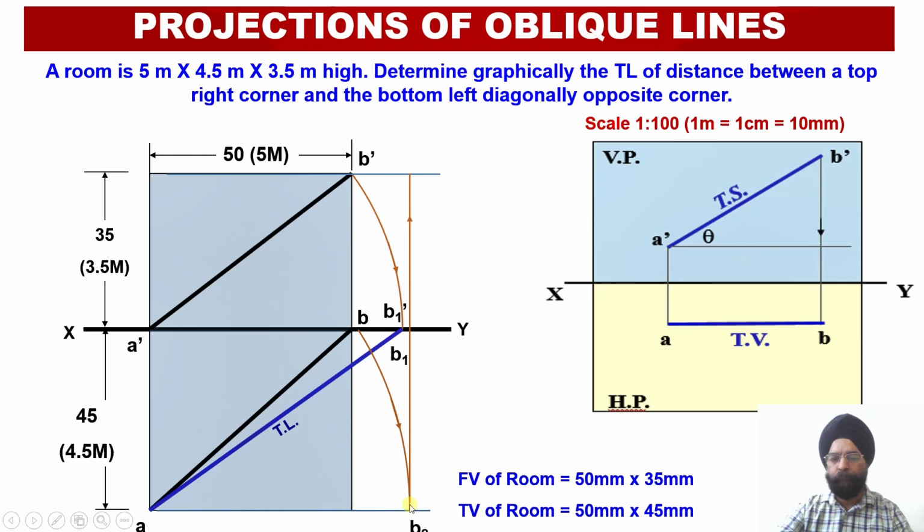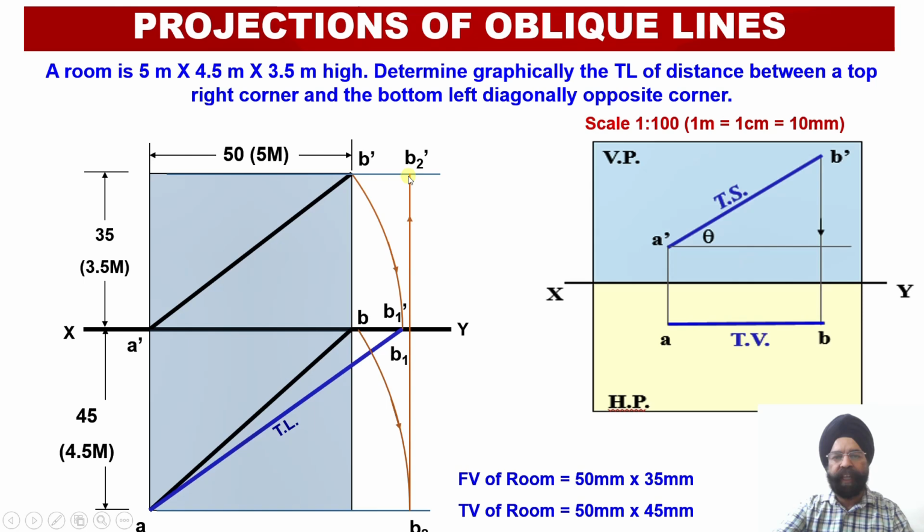From the point B2 we have to draw a vertical projector onto the locus line corresponding to the point B dash, that is the second point in the elevation over here. This point we will obtain as B2 dash.